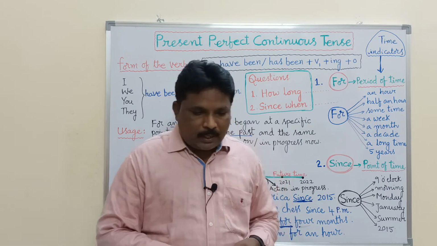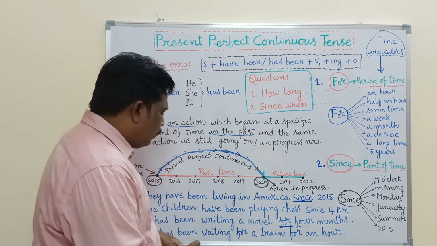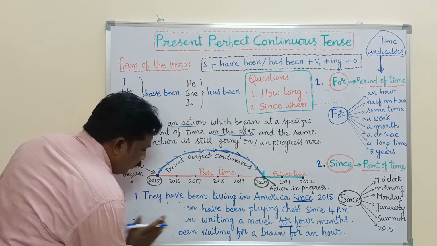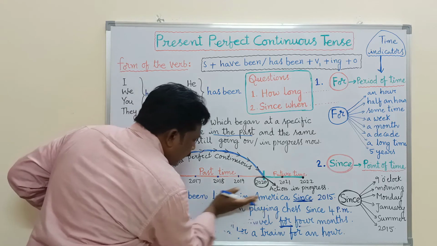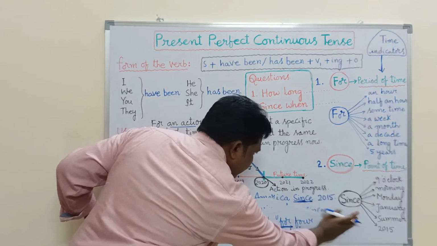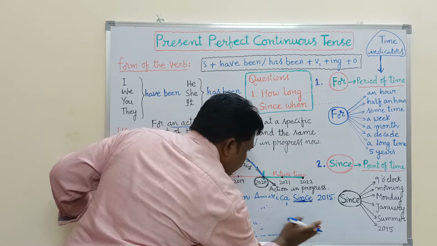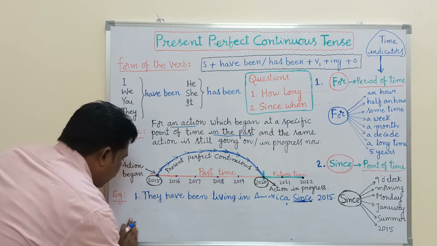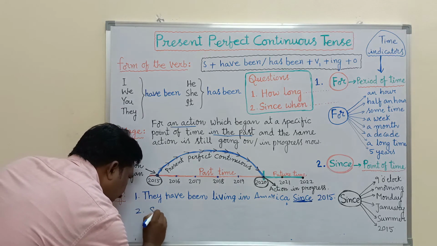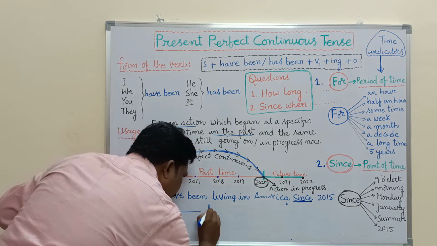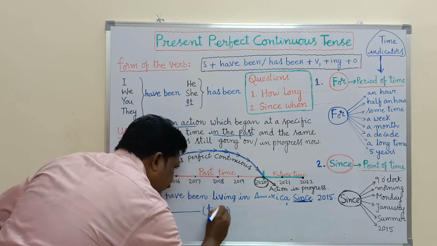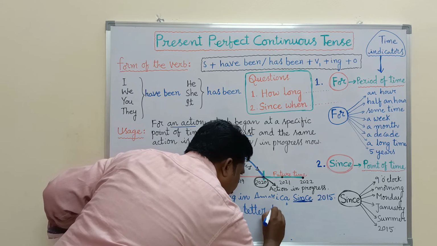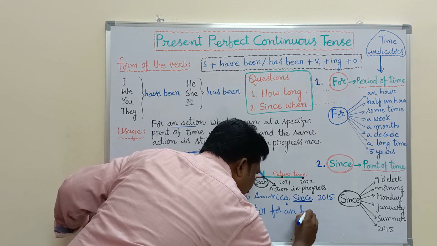And the students may have a doubt: sir, how will the question be asked in the public exam on present perfect continuous tense? To such students, I give two examples as models of how questions are generally asked in public examinations. Look at this example. She dash type a letter for an hour, full stop.